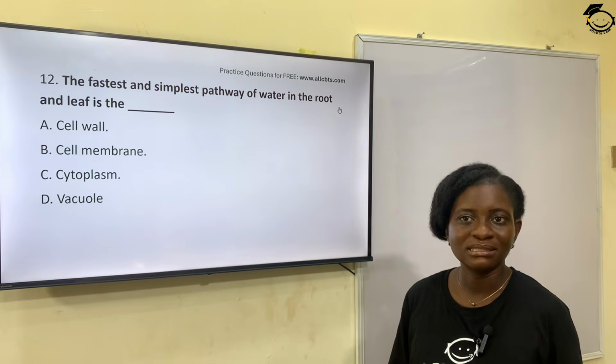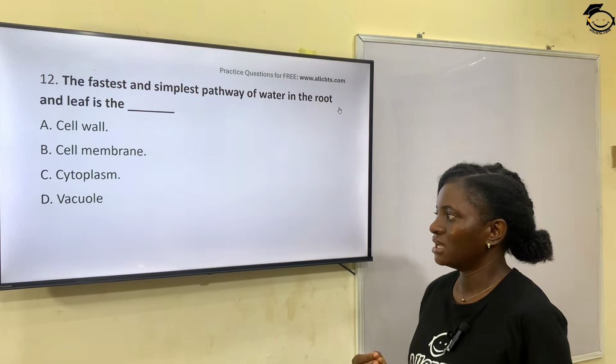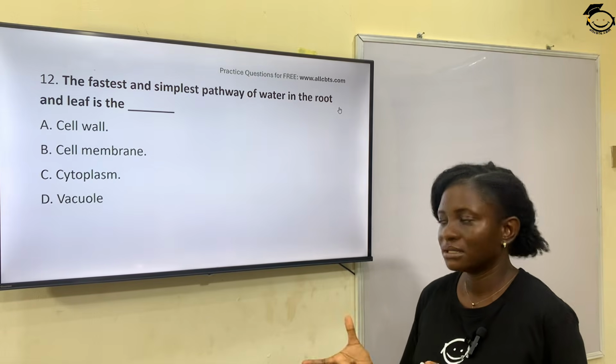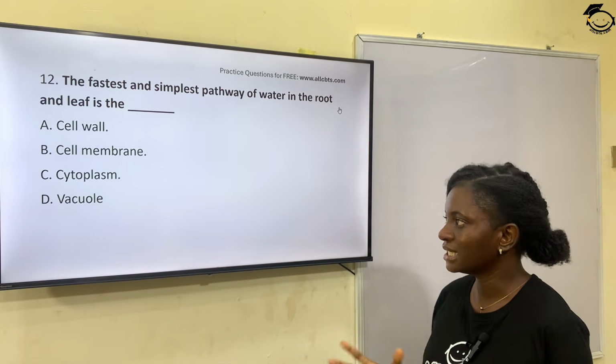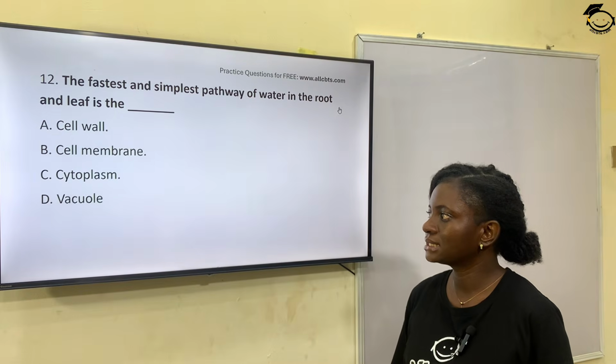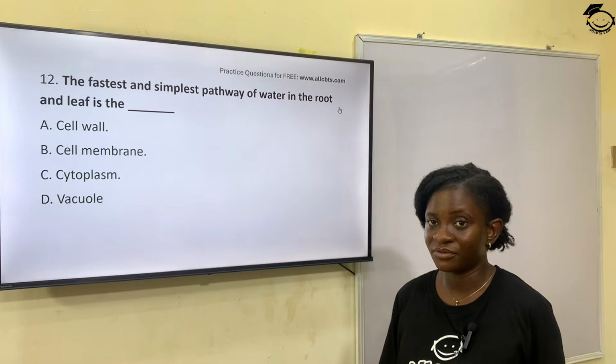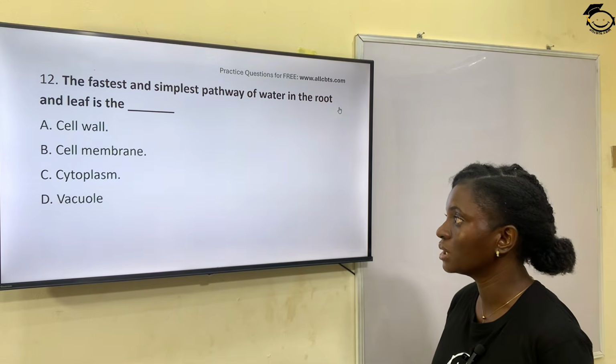Cell membrane can be slower due to its bilayer of hydrophobic and hydrophilic layers, and cytoplasm and vacuole can also be slower compared to cell wall.